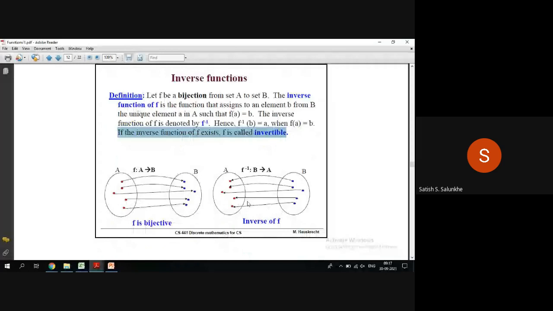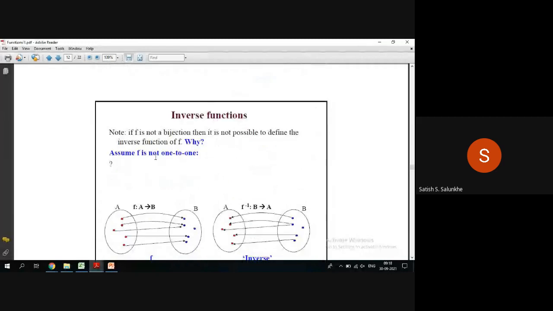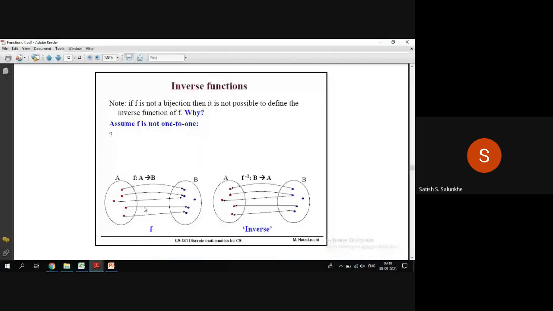If f is not a bijective function, it is not possible to define the inverse function of f. Why? Because if f is not one-to-one, let us say this is a function, because every element of the domain is mapped to a unique element in the codomain. But this is not a one-to-one function, because this element belonging to the codomain has two pre-images.